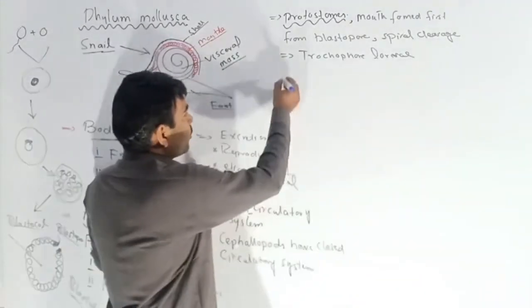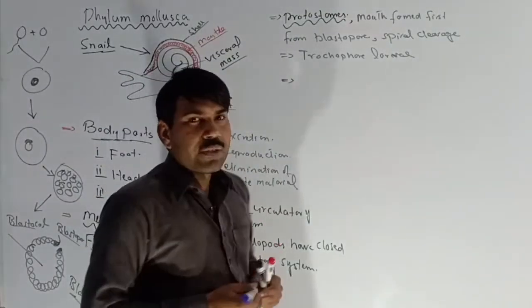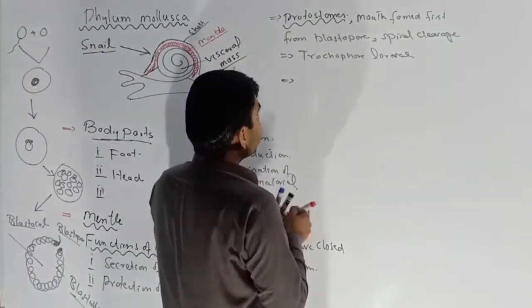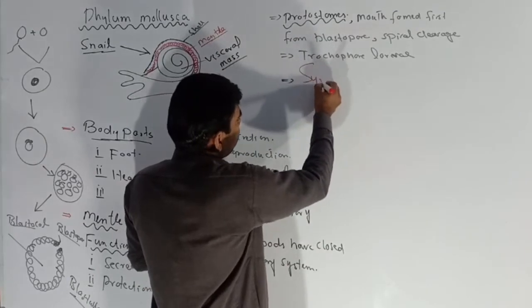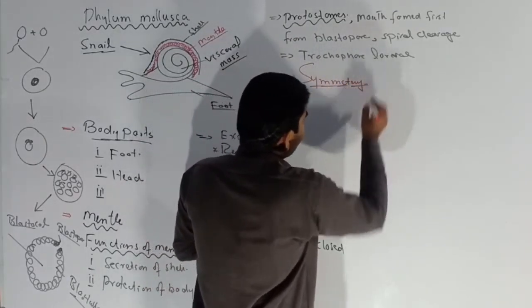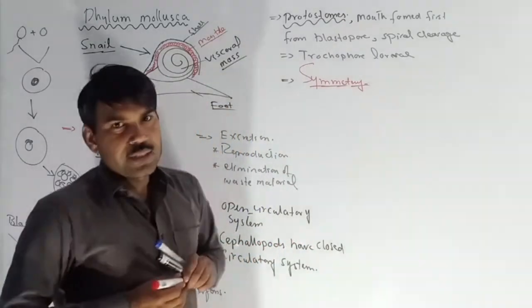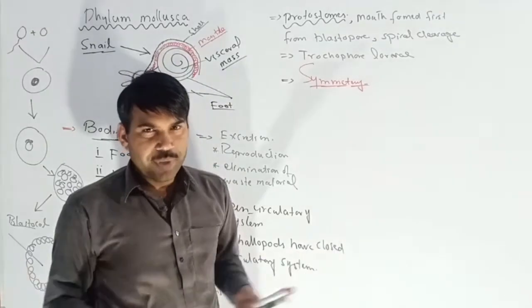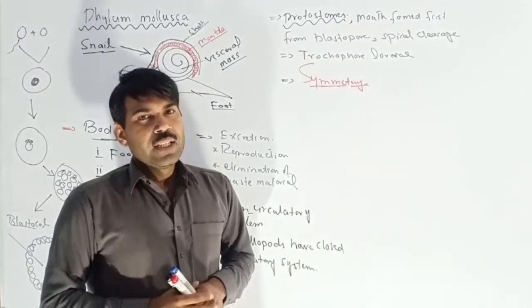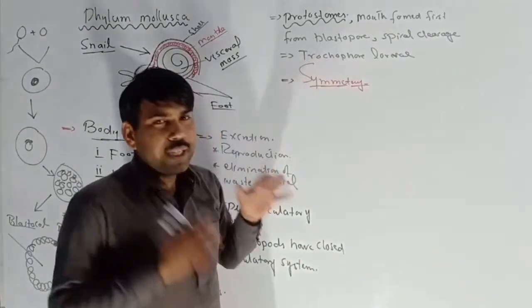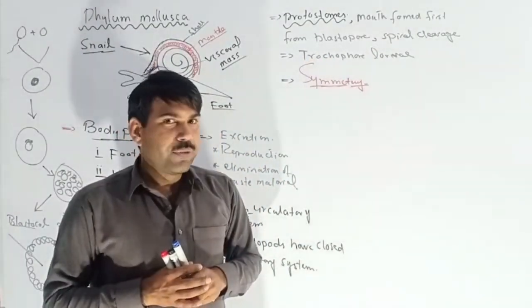Now we are going to discuss the next character, which is symmetry. So I can write here: symmetry. Many types of symmetries are present, such as radial symmetry, biradial symmetry, pentaradial symmetry, and bilateral symmetry. The bilateral symmetry is the character of phylum Mollusca.